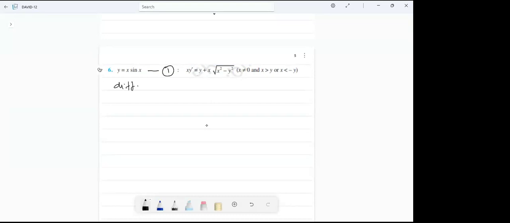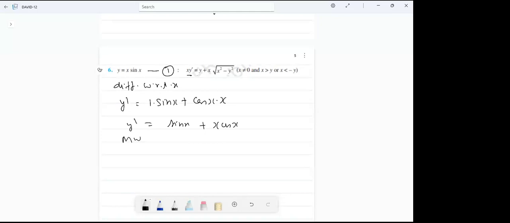Differentiating with respect to x: derivative of x is 1, into sin x, plus the derivative of sin x, which is cos x, into x. So y dash equals sin x plus x cos x.